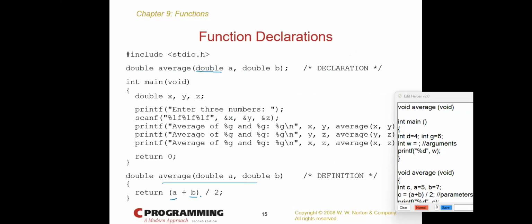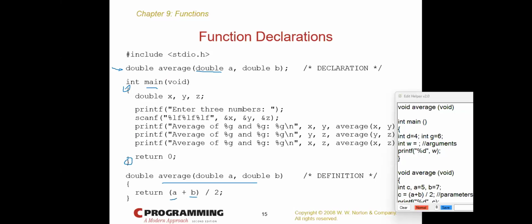It doesn't essentially matter. The key thing the compiler needs here is the relationship between this average function and the outside world, which in this case is the world of main.